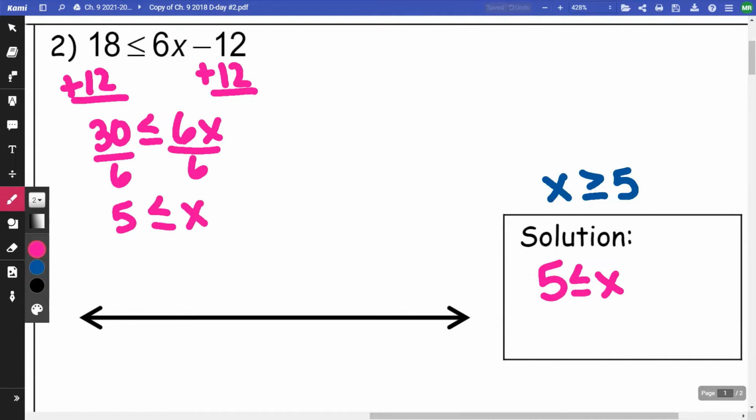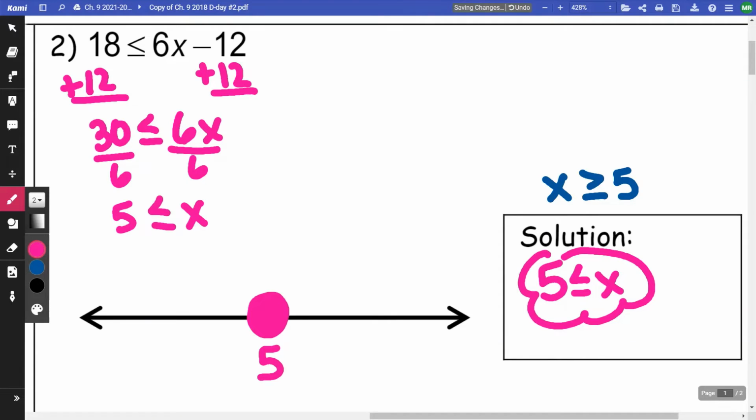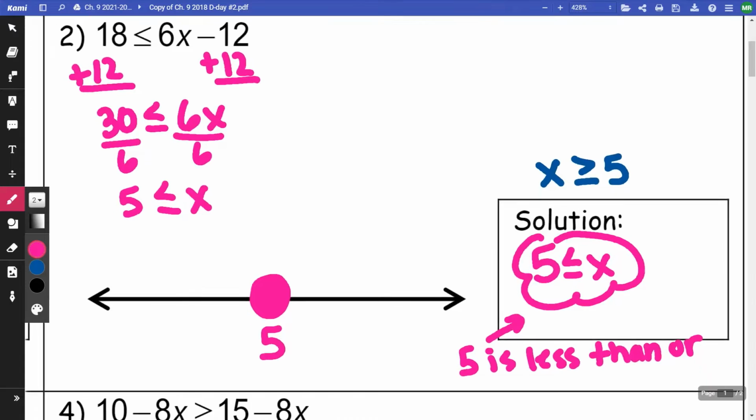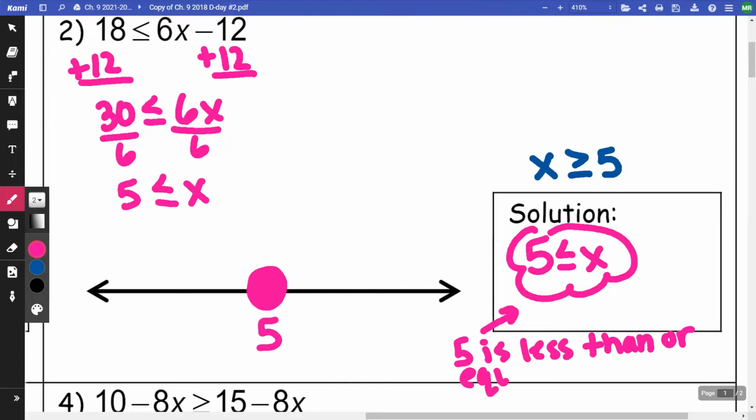Now, for it in this form right here, again, 5 is our boundary point. It is going to be a closed circle, because of the equal underneath. And if you're looking at it this way, this is saying 5 is less than or equal to x.